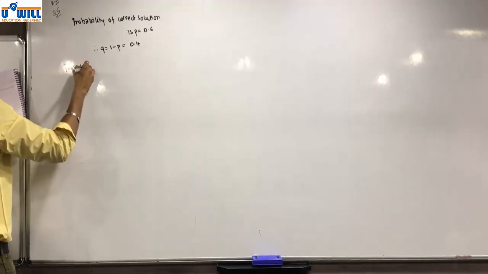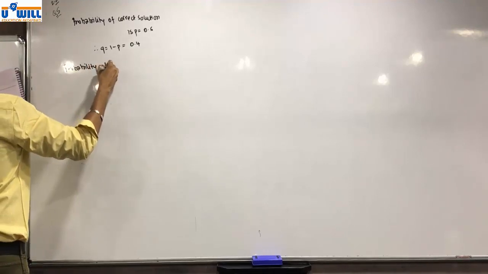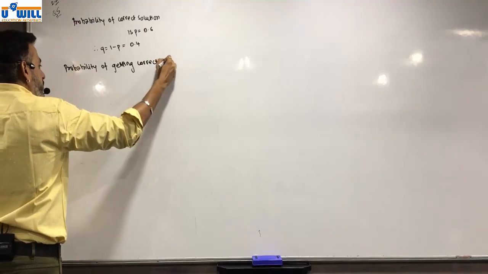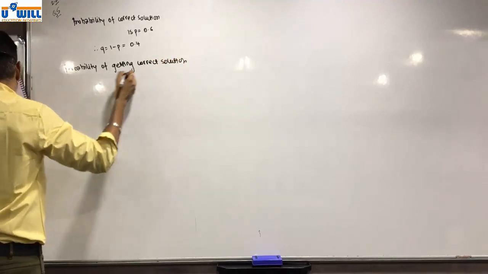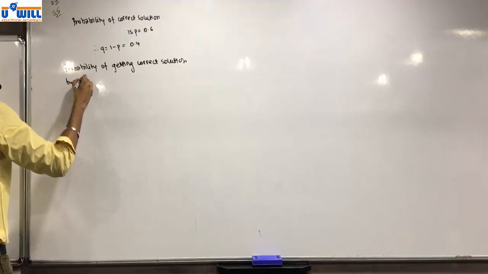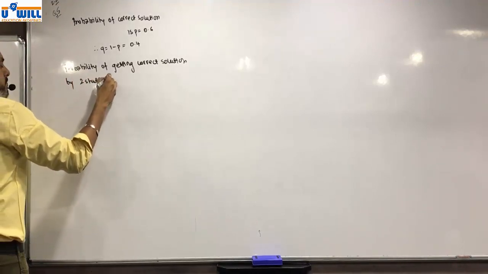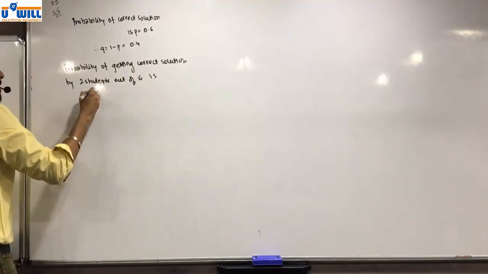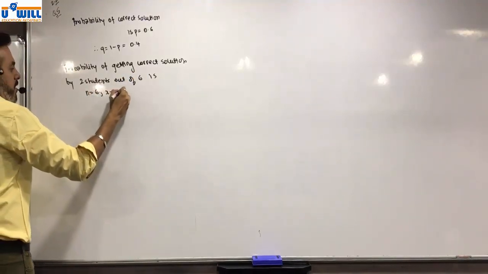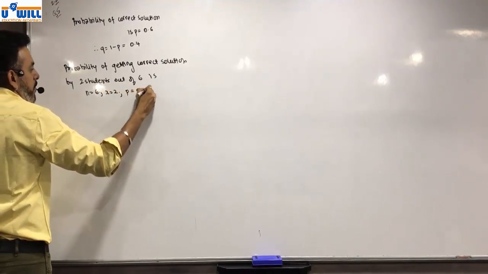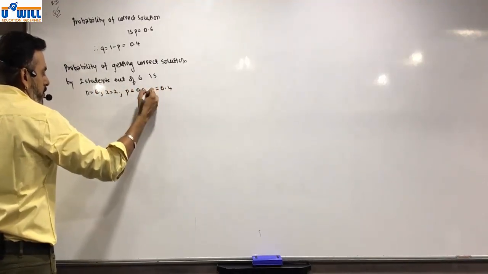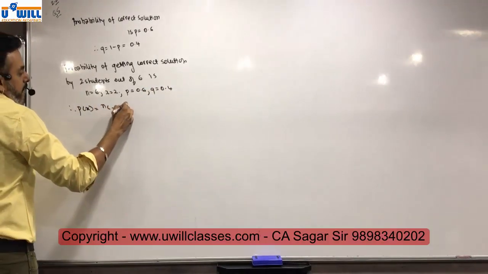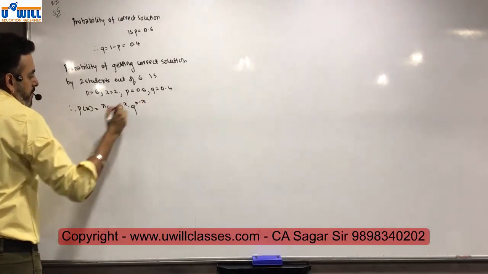Probability of getting correct solution by 2 students out of 6: N is equal to 6, X is equal to 2, P is equal to 0.6, Q is equal to 0.4. Therefore, P of X is equal to nCx, P raised to x, Q raised to n minus x.